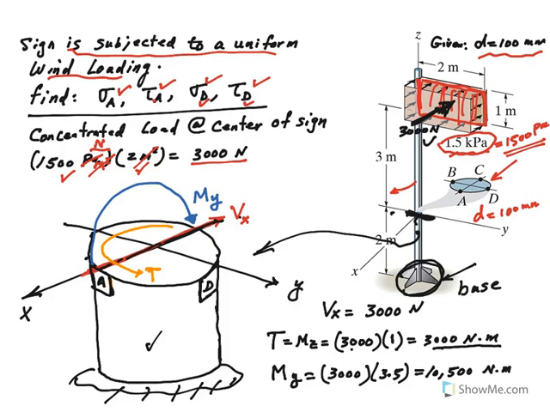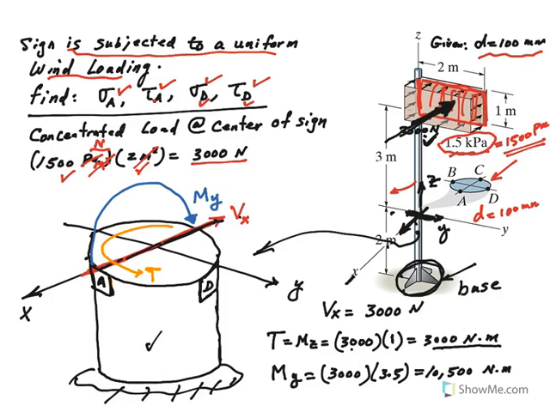But when you move this, what would be the effect of this load in terms of moment that is going to generate about these different axes, like x-axis, like y-axis, or like z-axis? So that's what we have to determine. So notice that this 3000 Newton load due to the wind is parallel to x-axis, right?